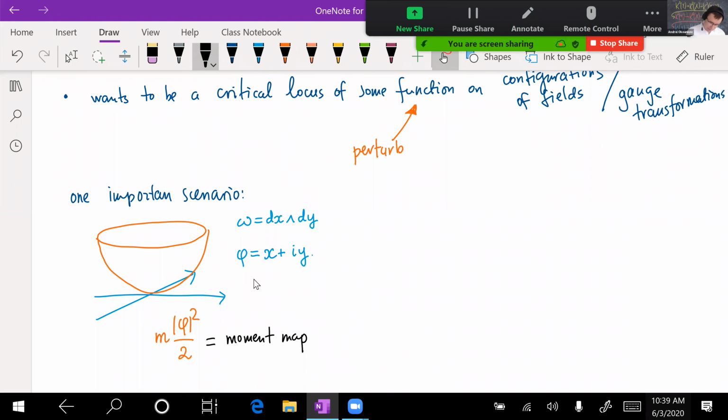This is the moment map in the presence of that symplectic form that generates rotations with angular velocity m.